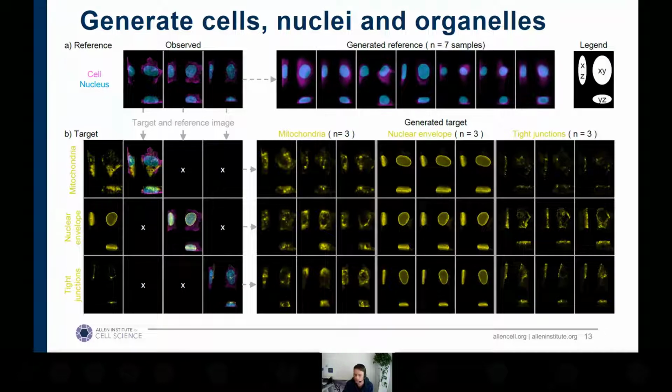Specifically, the mitochondria are distributed throughout the cytoplasm, but are never found inside of the nucleus, although it's difficult to see from these projections. The nuclear envelope forms a closed shell around the DNA, and the tight junctions are at the apical surface of the cell. You can see that a little bit here, where once again the yellow is in the top of this projection.